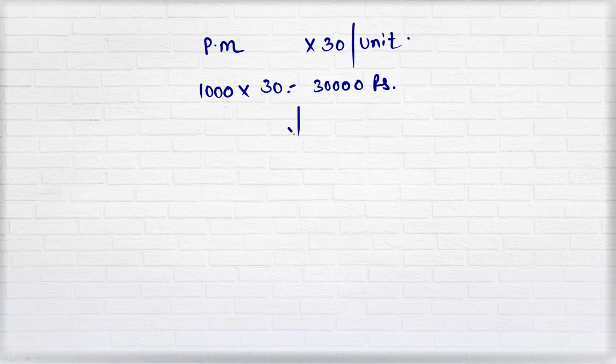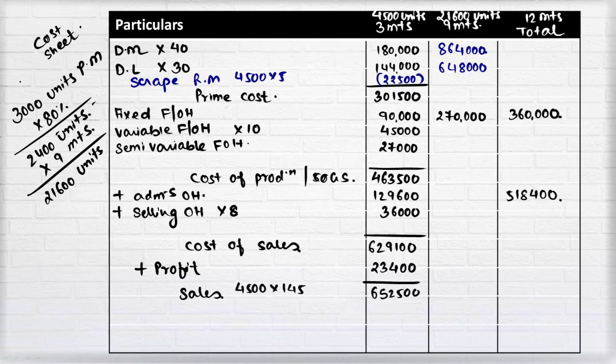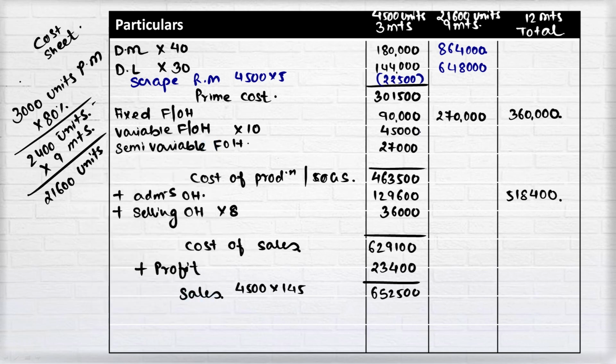No, it is subject to a minimum of 48, so you will get 48,000. But if you have manufactured 2,000 units per month into 30, then you will be getting 60,000. Your pay is not limited to 48,000; it is subject to a minimum of 48,000. So it is 6,48,000. Scrap value will be 21,600 into 5, which is 1,08,000.